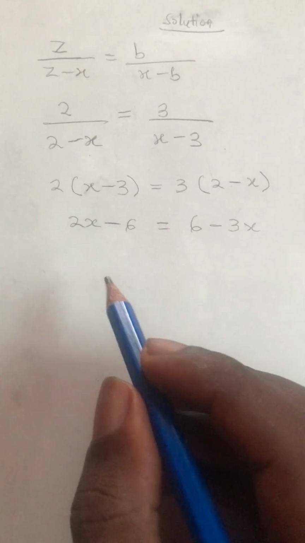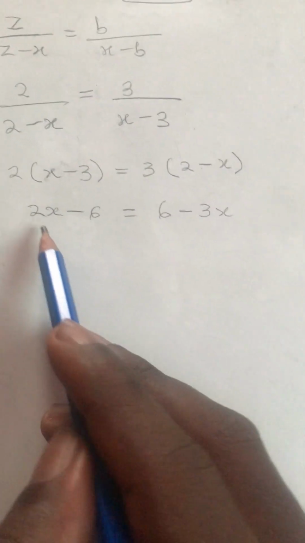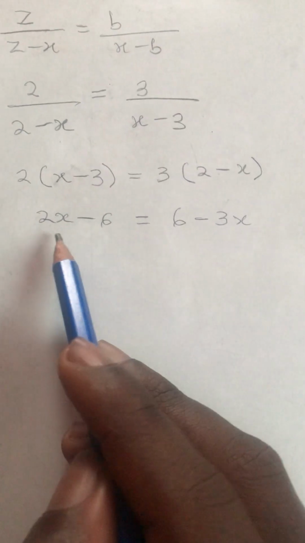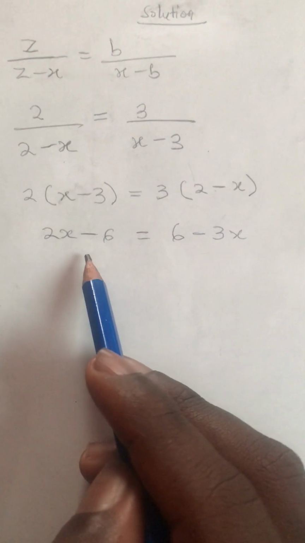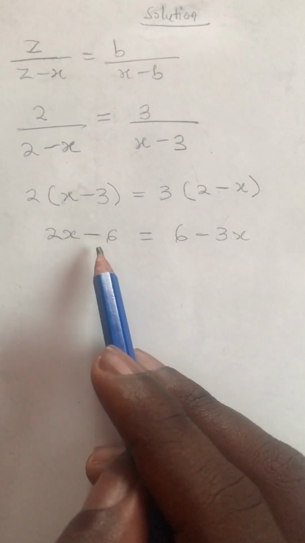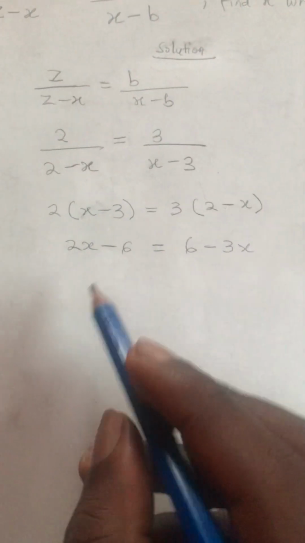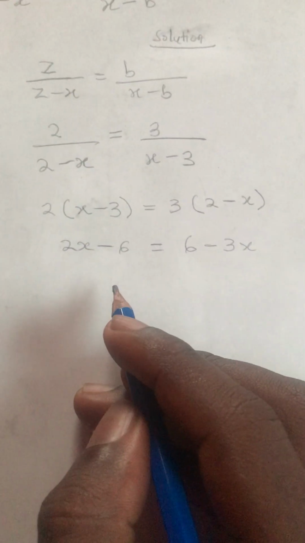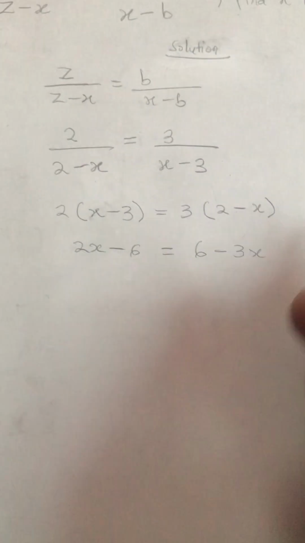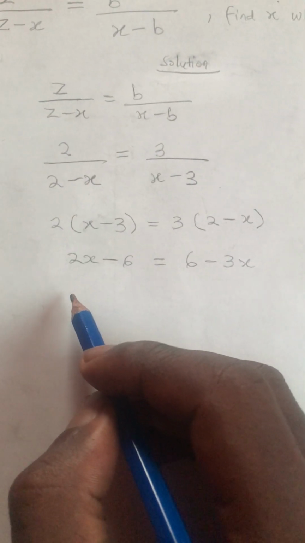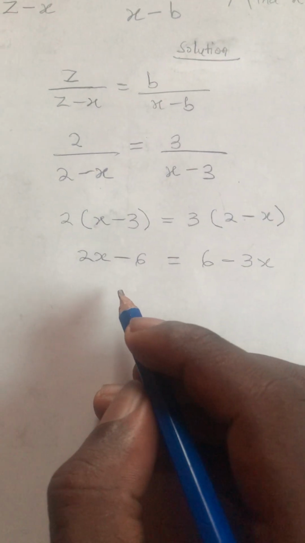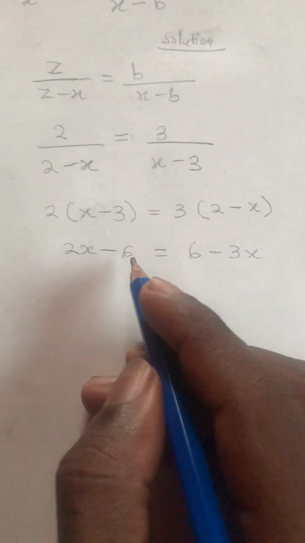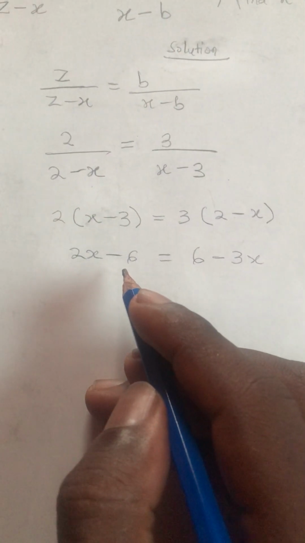Now when we observe our new equation, which is 2x minus 6 is equal to 6 minus 3x, there are those with like terms and there are those with unlike terms. So we group like terms. Those with similar terms would be grouped to one half of the equation, and those without similar terms would be grouped to the other half of the equation.